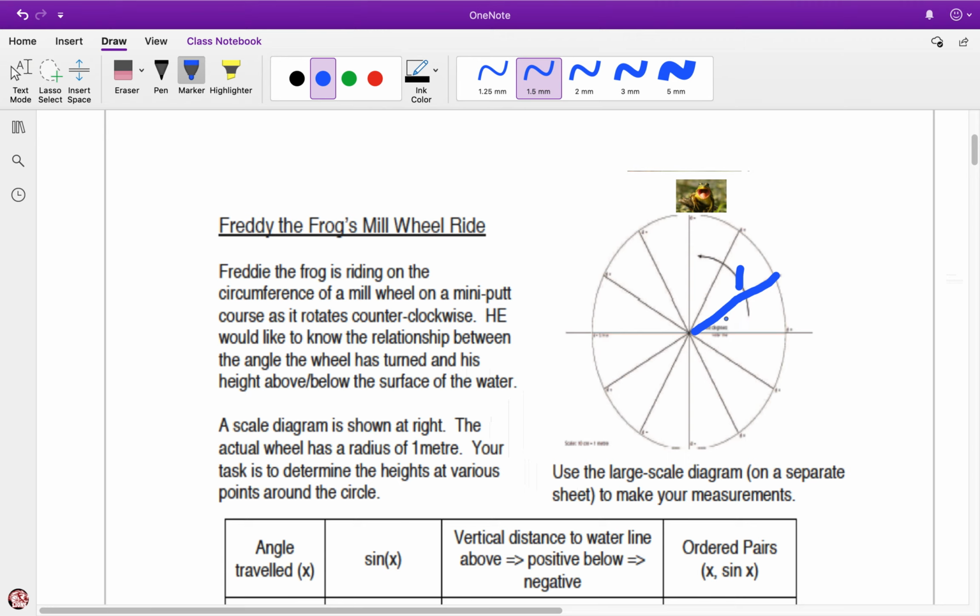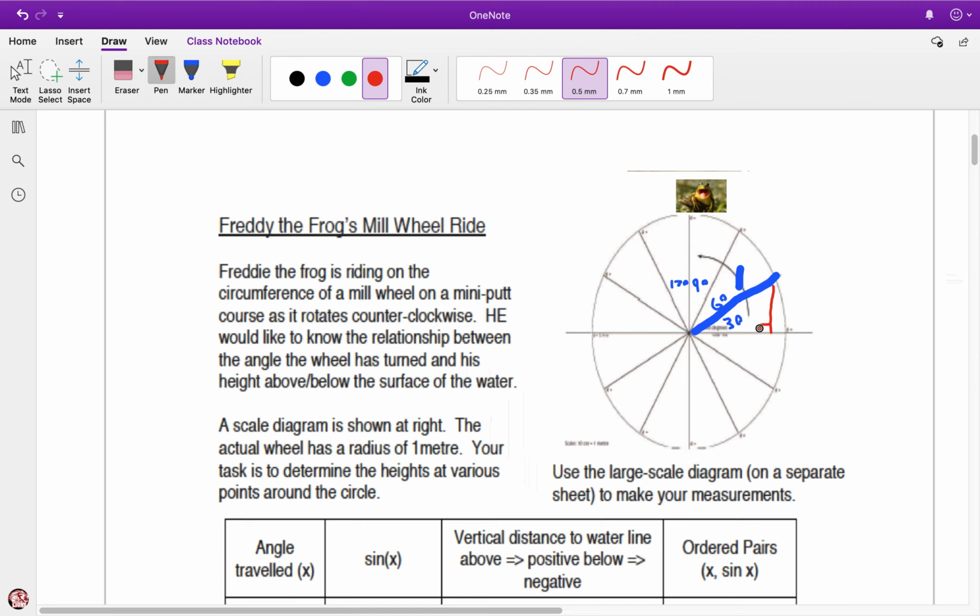And he's going to take a section every 30 degrees. So this is 30. His next one will be 60, 90, 120, and so on and so forth as he goes around. Now he's interested in his height. So he's wondering how high he is above here.